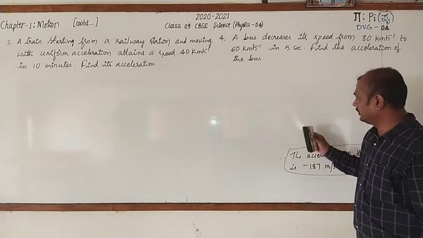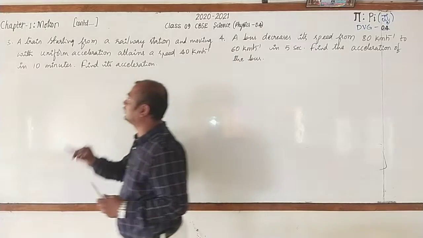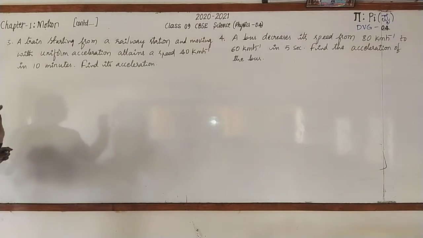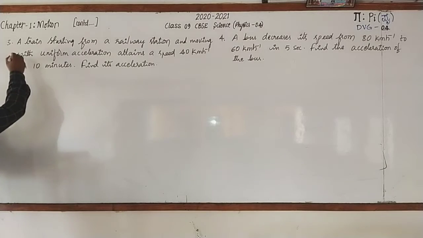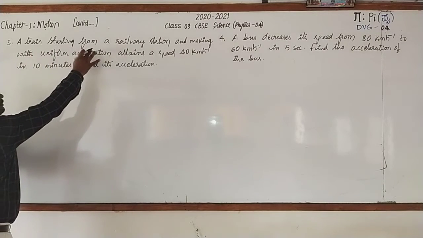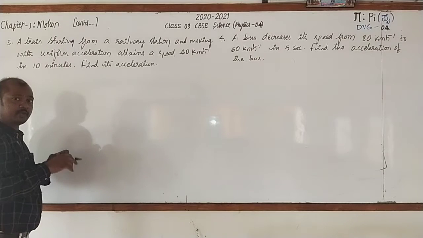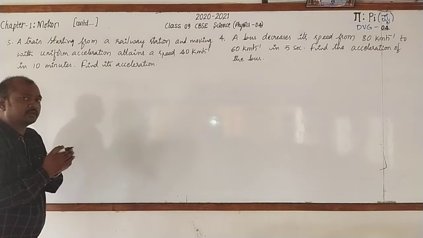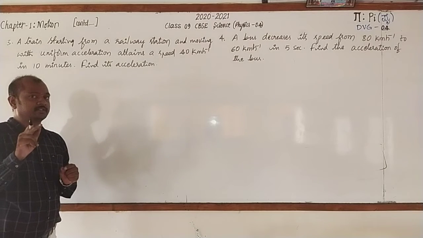Okay. Now observe that. Third one, it is related to train. Please don't go for copying. You have to listen to my words carefully. A train starting from a railway station. Before the start, what was the state of the train? It was at rest, right?